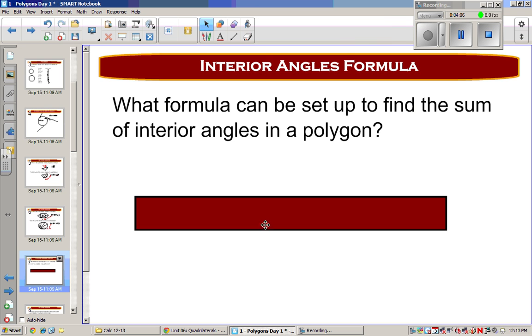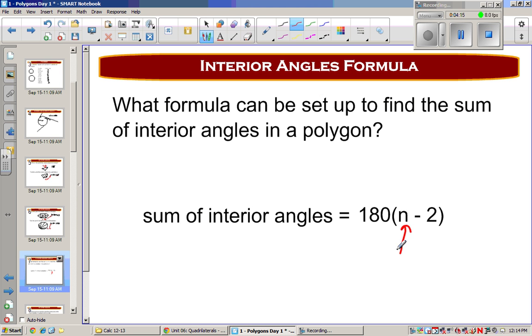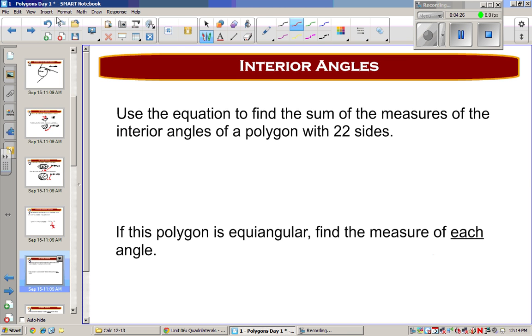So that helps us when we want to find a formula. Because when we're trying to find a formula, what we do is we take 180 degrees and then multiply it by how many triangles. Now the number of triangles are the number of sides, and then subtract 2 from that. So if I want to use this formula, what I do is I think back here.